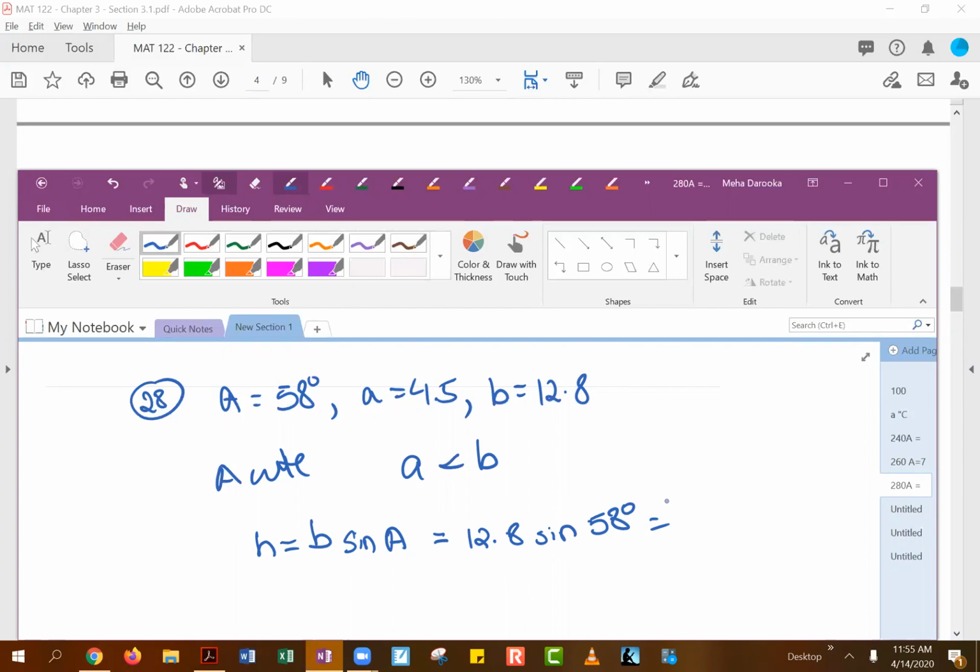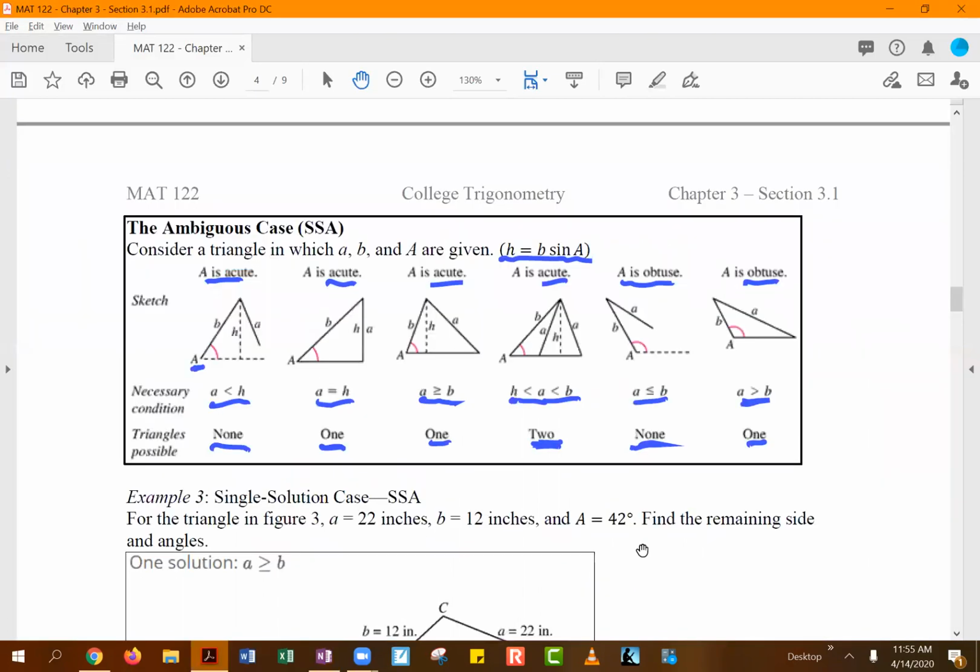10.85 or 86 then. All right, 10.86. So comparing this to side A, which is 4.5, A is still smaller than H. Okay, so in acute angle, they're telling us if A is less than H, you again have no triangle.